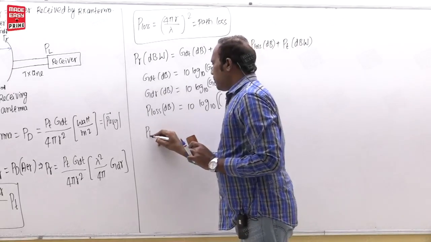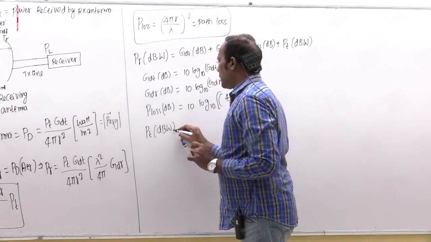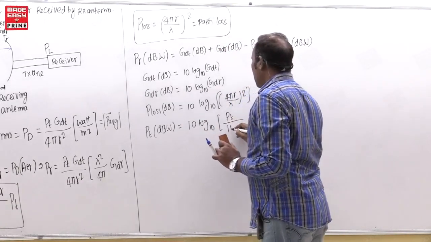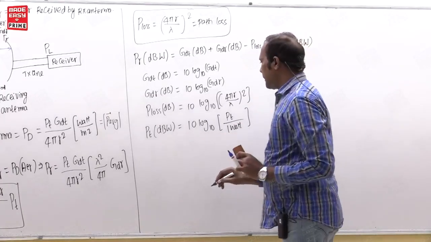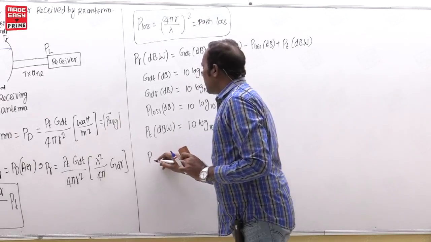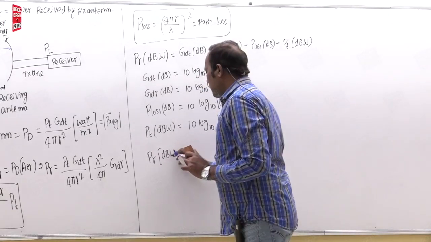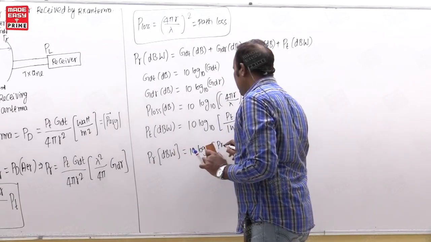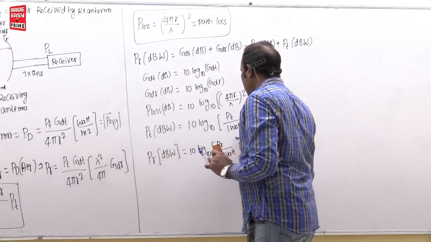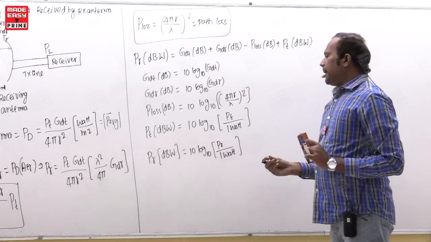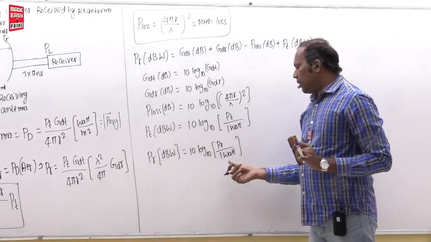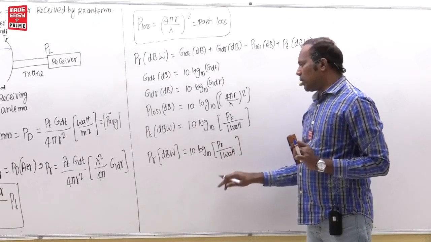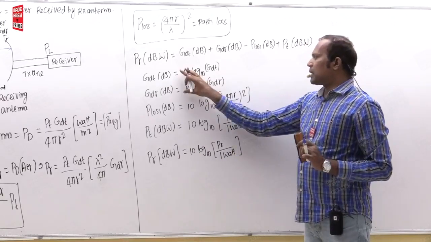Next, power transmitted in dB watt means 10 log 10 of power transmitted divided by 1 watt. Similarly, power received in dB watt means 10 log 10 of power received divided by 1 watt. If you represent this in milliwatt, here 1 milliwatt, here also 1 milliwatt. For microwatt, here mu W comes, 1 microwatt, but others will be the same, dear students.